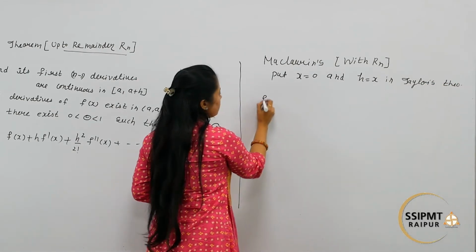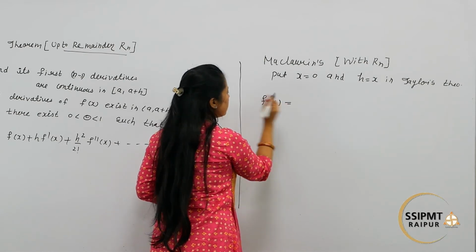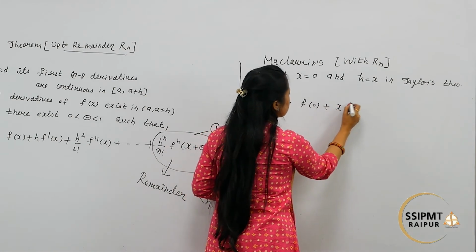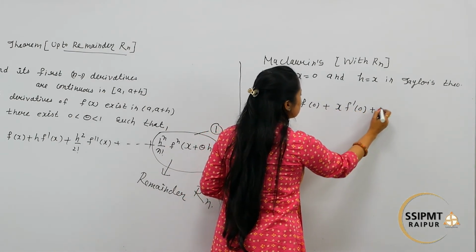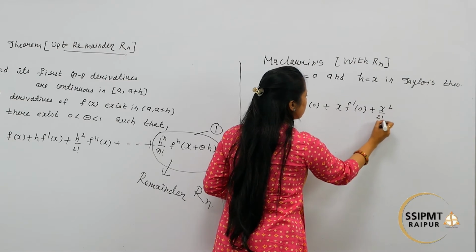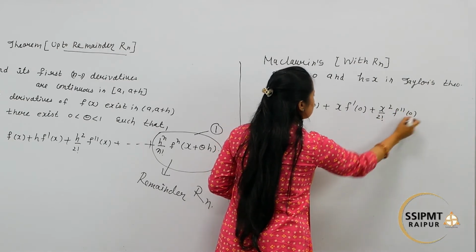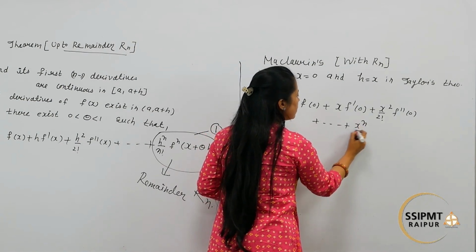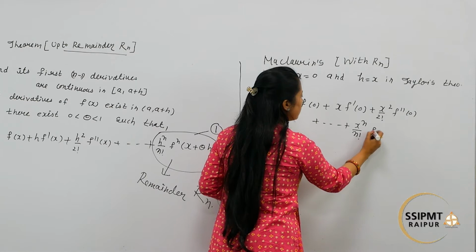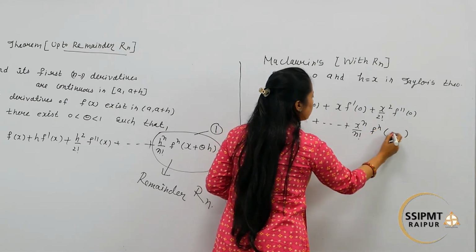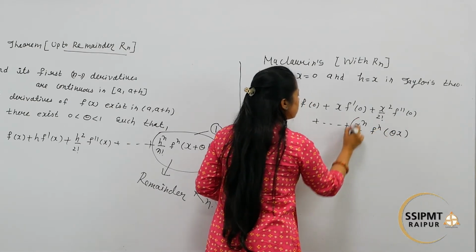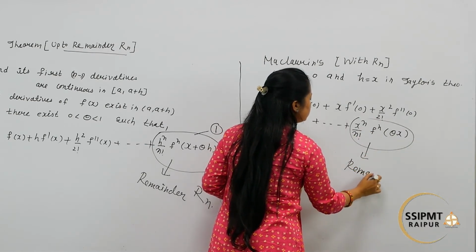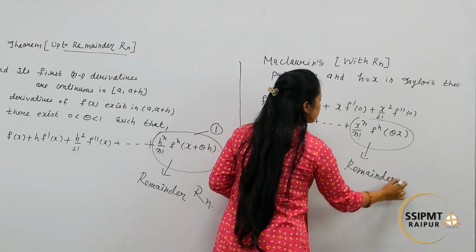So the function becomes f(x), and it can be expanded like f(0) + x f'(0) + x²/2! f''(0) up to the last term xⁿ/n! fⁿ(θx), and this last term will be the remainder Rn.